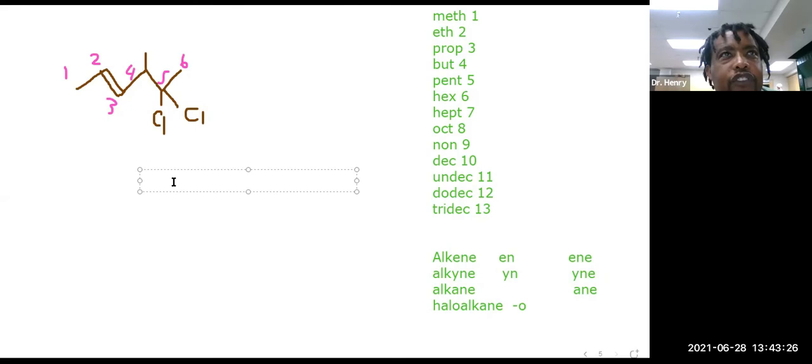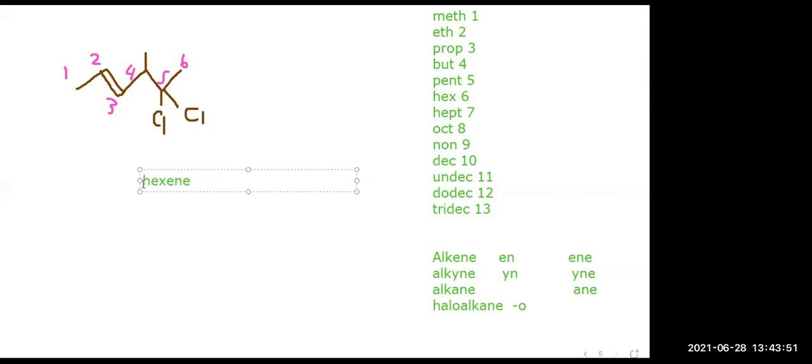Okay, so we know that it's going to end with a 6 carbon chain with a double bond would be what? Did you say hex? Hexene? Where's the double bond located at? 2. So 2 hexene.